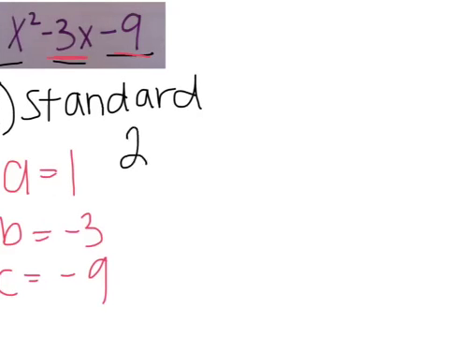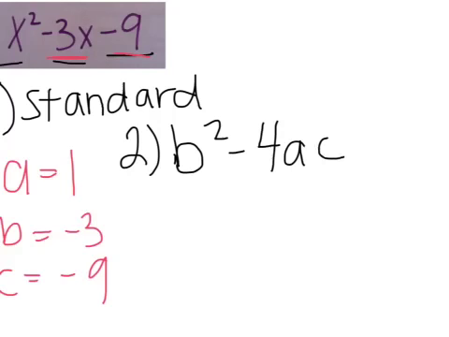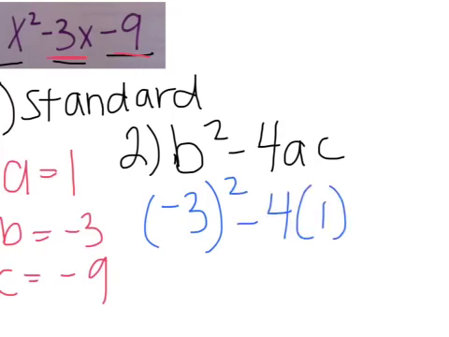Now step 2 is to simplify the discriminant, b squared minus 4ac. So if we plug in the values, b is negative 3 squared minus 4 times a, which is 1, times c, which is negative 9.